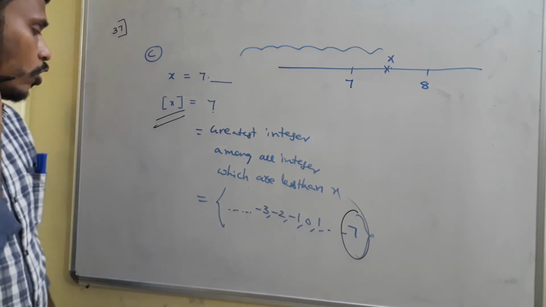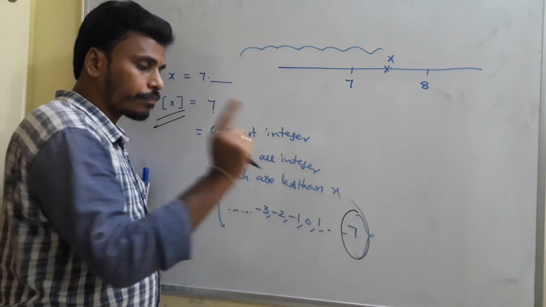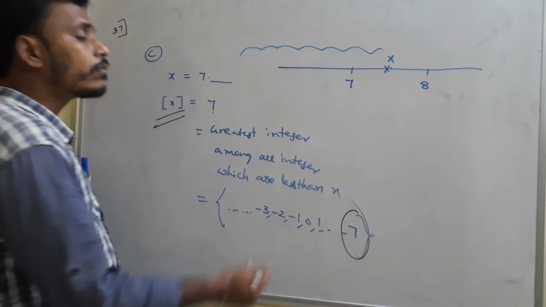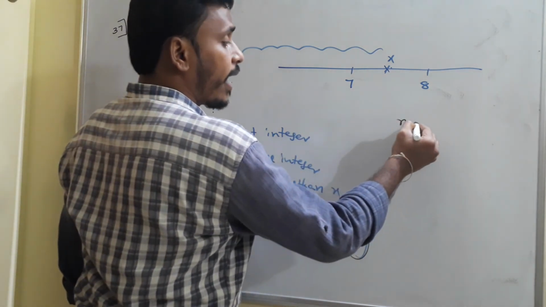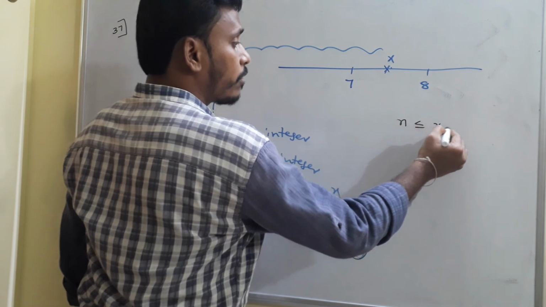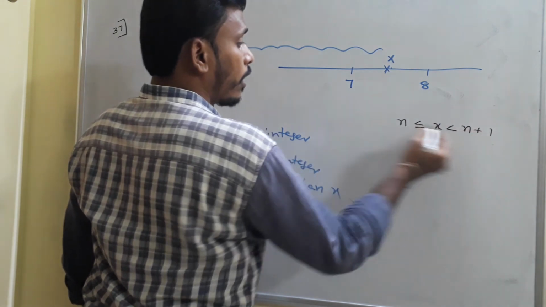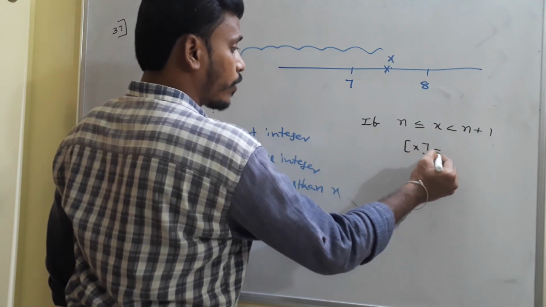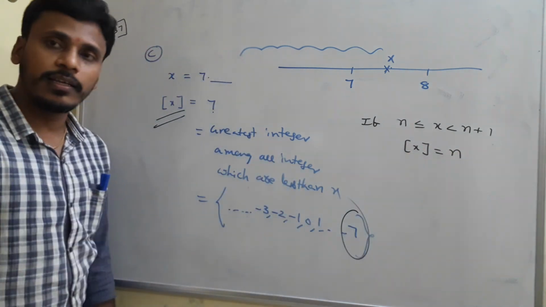Okay, right. So step x is equal to 7. So if you generalize it, if x is a number which is in between the consecutive integers n and n plus 1, step x is equal to clearly n.